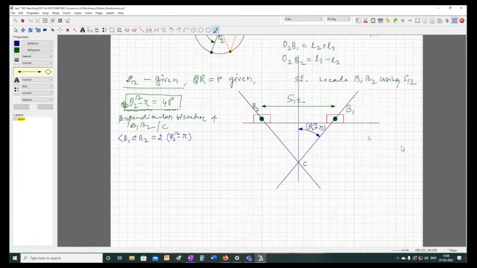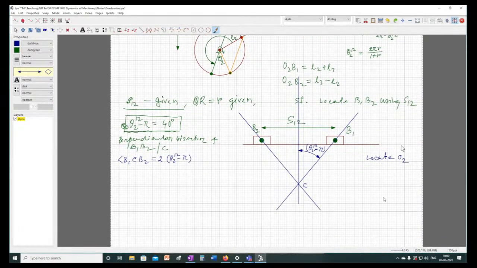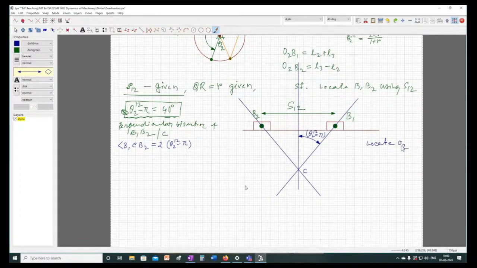Our next task is to locate the center of this mechanism, this crank O2. To locate it, this O2 is a point on the arc which is carrying B1 and B2.